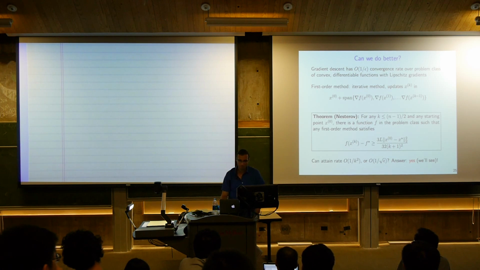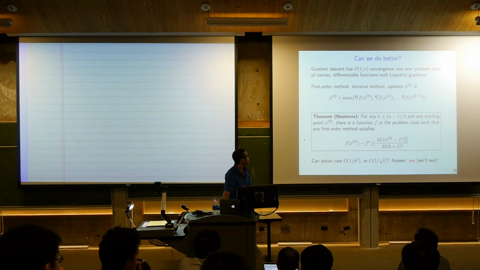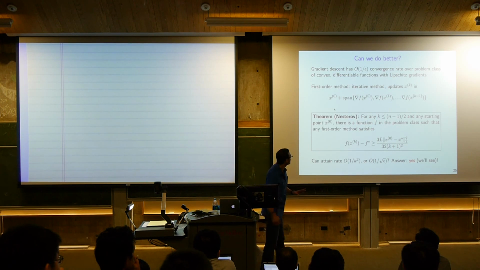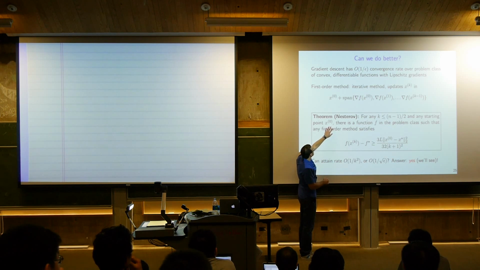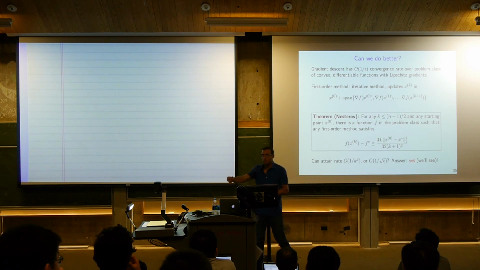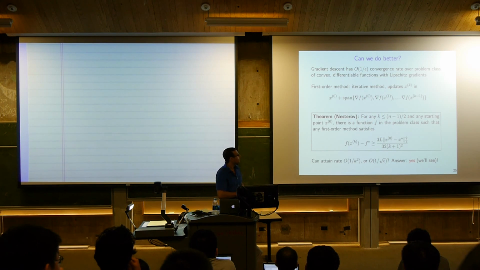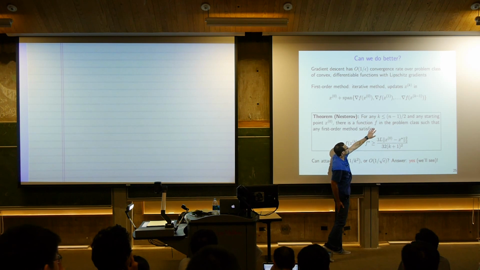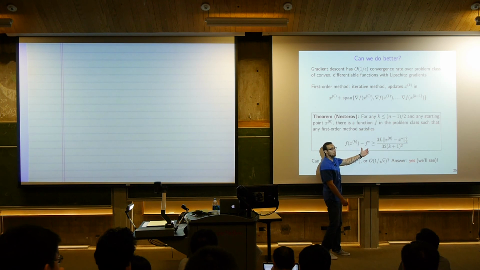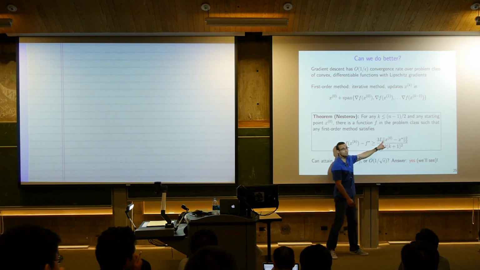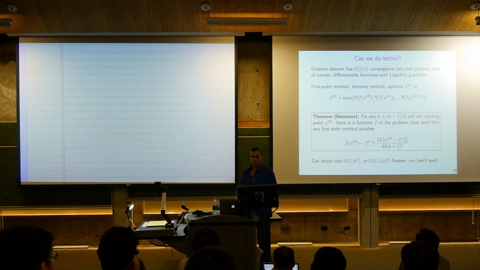It's from the 80s, I think from 1982, in which Nesterov shows that if you give me any initial starting point and you ask me what happens after iteration k, for an arbitrary iteration number k, then there is a function that's convex and differentiable and has a Lipschitz gradient, such that all first order methods cannot be converging on the criterion faster than this rate. So this is a lower bound on how well we can expect to do.